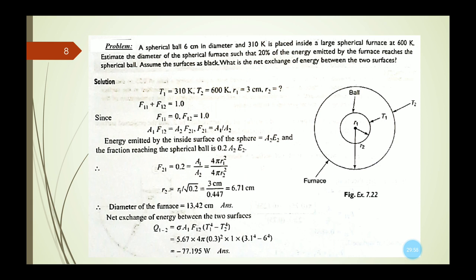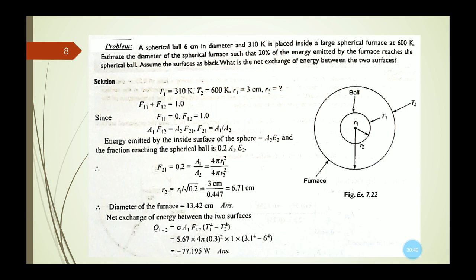Now F11 equals 0 because these surfaces are considered as black and these are spherical surfaces. Now if we put this value of F11, we get F12, the fraction of radiation emitted from surface 1 which reaches surface 2. So this is equal to 1.